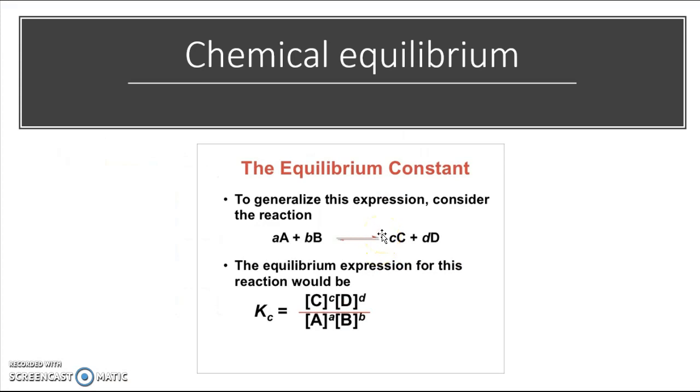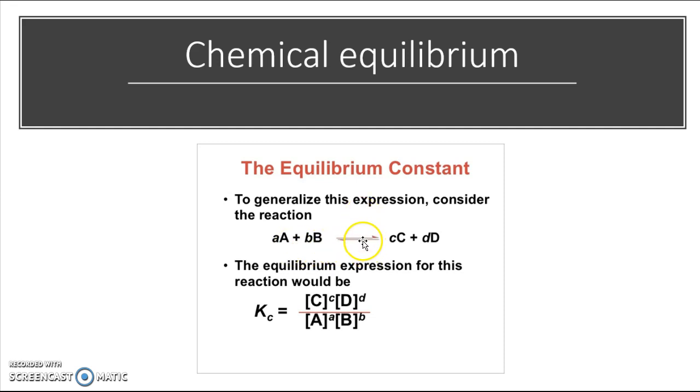The equilibrium constant is very important. Remember that a substance or a reaction is at equilibrium when you observe a double arrow system, because the rate of the forward reaction is the same as the backward reaction rate.